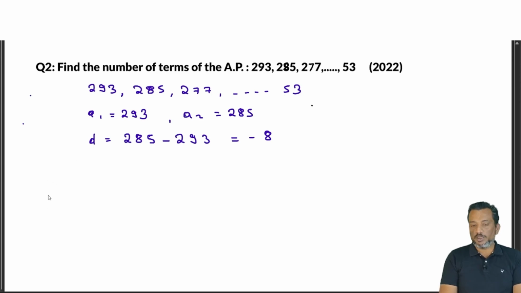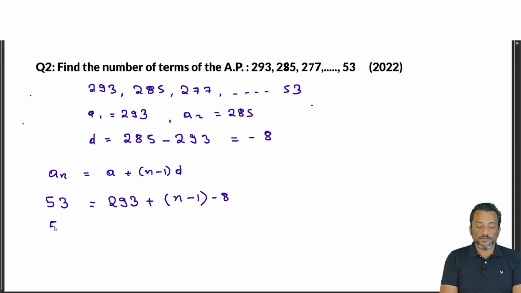Now it is saying find the number of terms up to 53. So we have got A, we have got D. So we can say AN is equal to A plus N minus 1 times D. AN is given as 53, and A is given as 293, plus N minus 1 times D, where N is not given and D is minus 8.